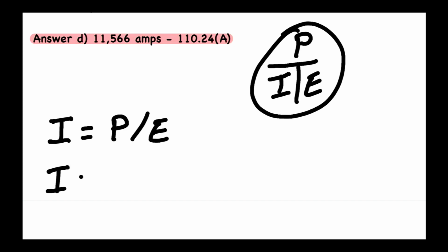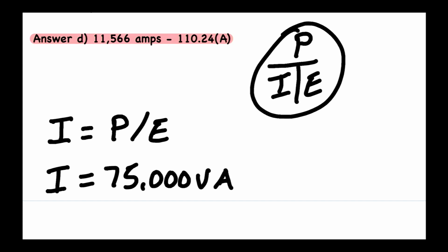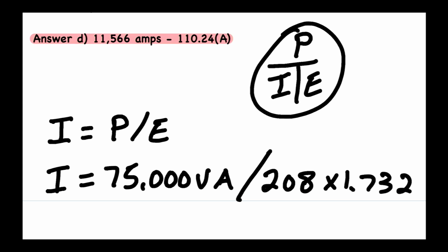I is going to equal 75,000 VA, and that's the same as 75 kVA times 1,000. And we're going to divide that by the voltage, and that's going to be 208 volts times 1.732. And let's see what we come out with.